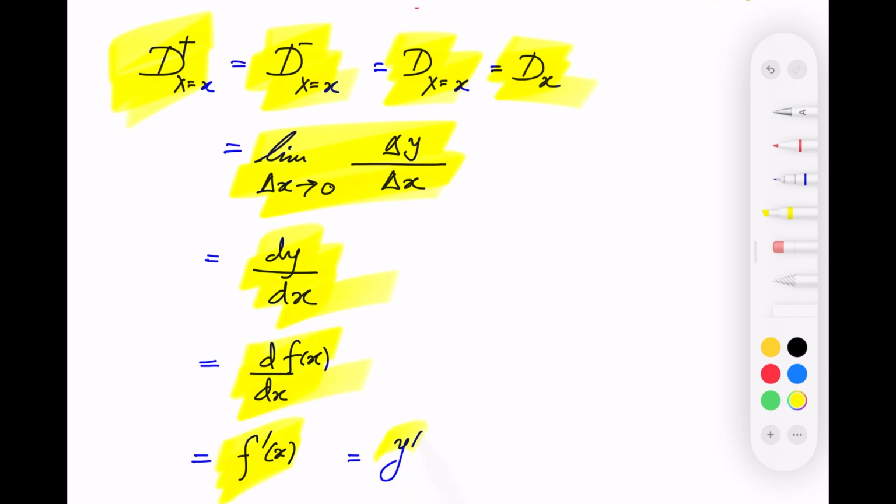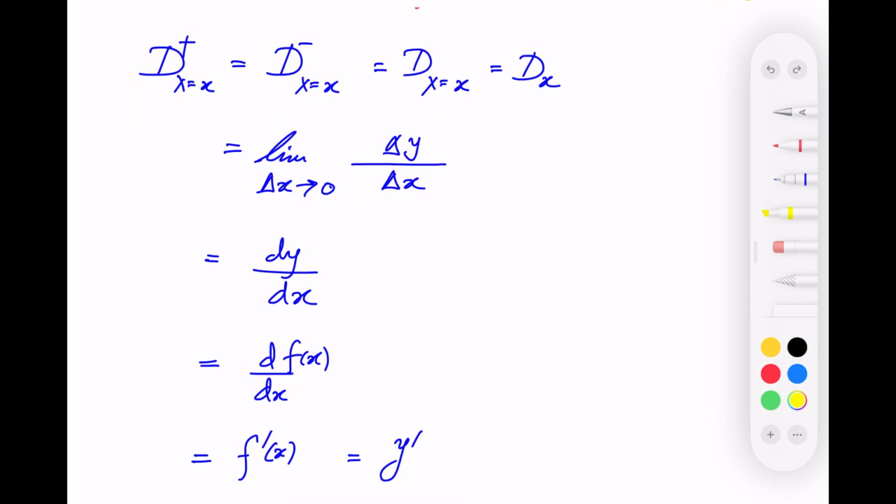You can use any of these symbols as you wish. Please note that if you found the differentiation of a given function using the right hand differentiability or the left hand differentiability at a common point x equals x, then that process is called the differentiation using the first principles.